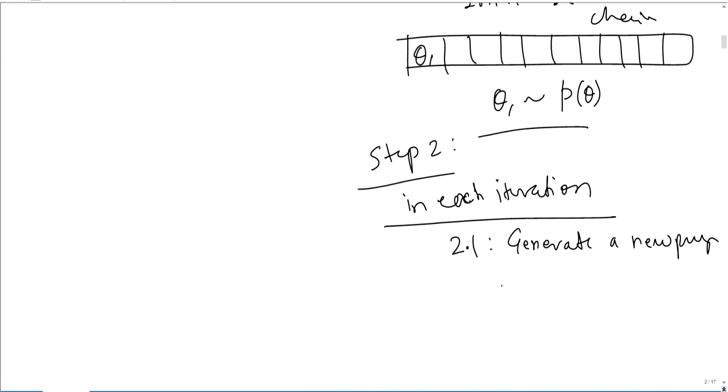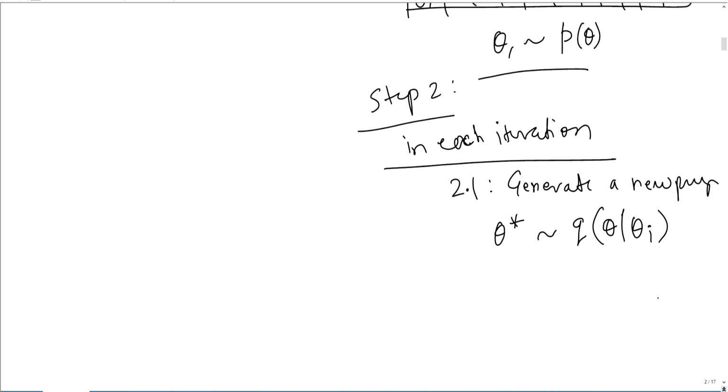How do we do this? Let's say generate a new proposal theta star from a density q of theta given the current state of the chain, let's say theta I. So that's how you generate a new proposal.